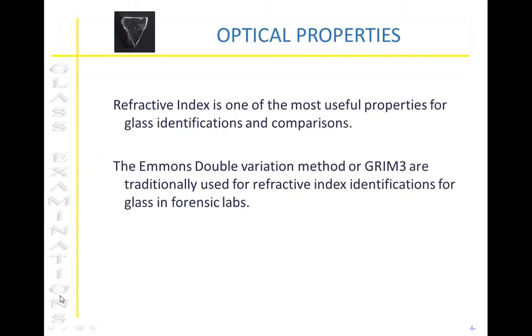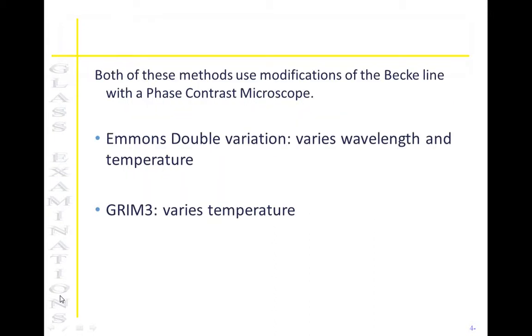They may also determine optical properties for the glass particles themselves. The refractive index is one of the most useful properties for glass identification and also for glass comparison. There are two different techniques that are used in the forensic laboratories to do refractive index determinations, and both of these take advantage of a phase contrast microscope.